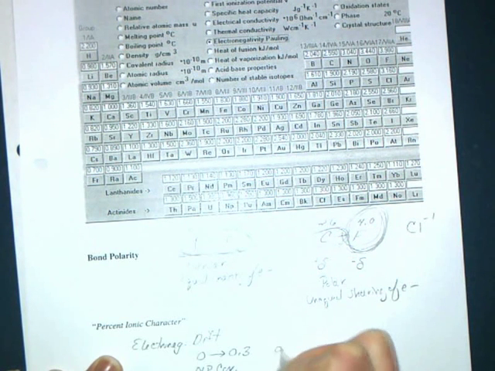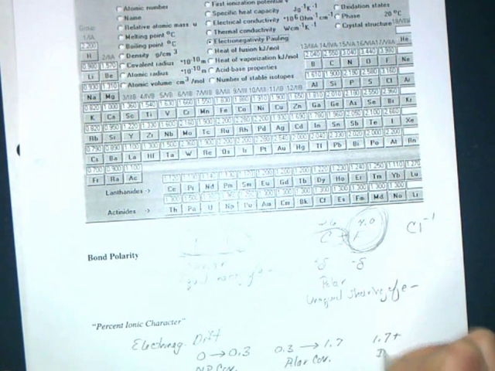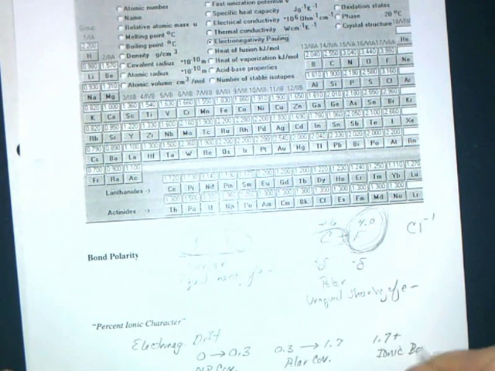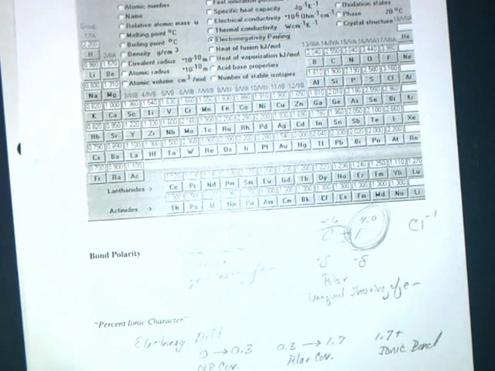If it is equal to 0.3 up to 1.7 in the electronegativity difference, we say it's polar covalent. Beyond that, the difference usually is yielding an ionic bond. It's such a great electronegativity difference that there will be a full giving and taking of an electron.